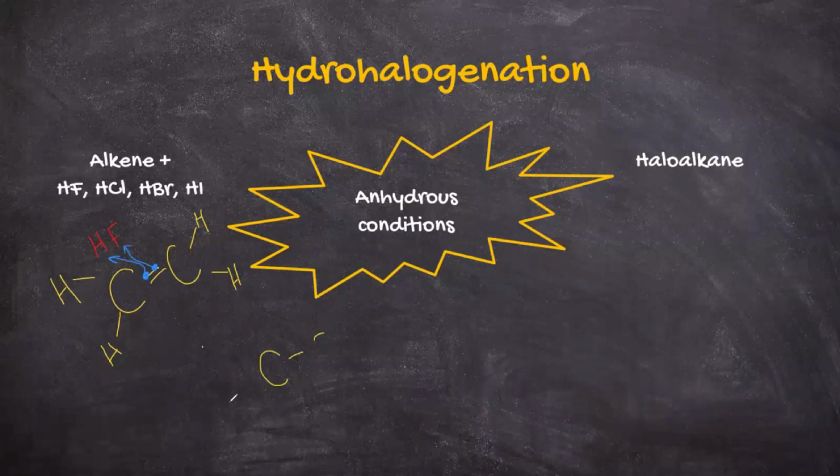Hydrogen and a hydrogen and a hydrogen. Guys, aren't you glad I'm not drawing octene? I would be here forever. And a new hydrogen that's coming from your acid, and a fluorine that came from your acid, a fluoride, I should say. Okay, so this is what's happening in hydrohalogenation.